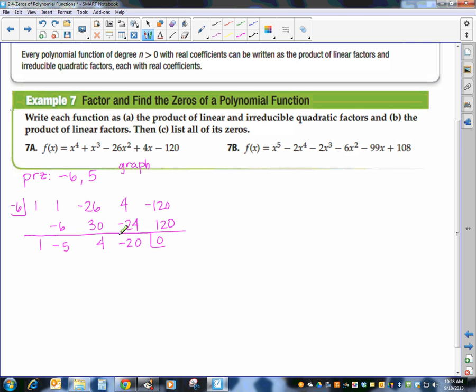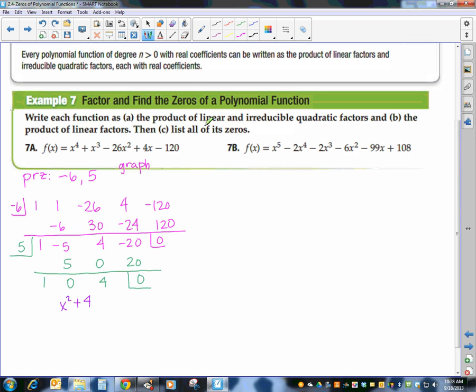Now we're going to use our reduced polynomial, or depressed polynomial, with the number 5, with that 0, and that again should come to 0. Bring down my first number, multiply, add, multiply, add, multiply, and add. So we're good. And that of course gives me x squared plus 4.